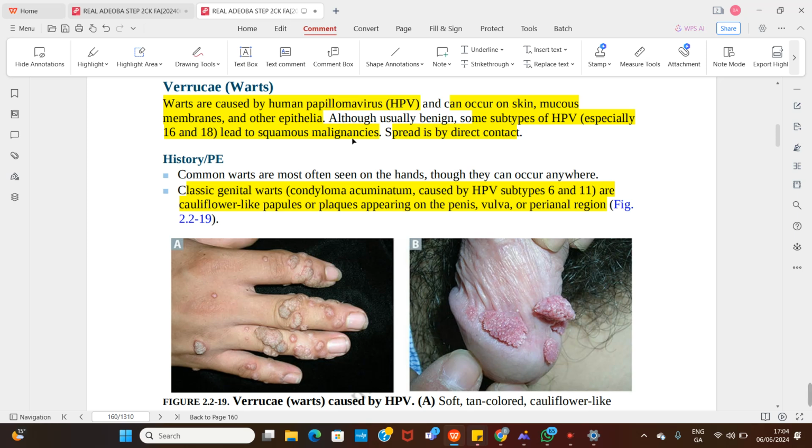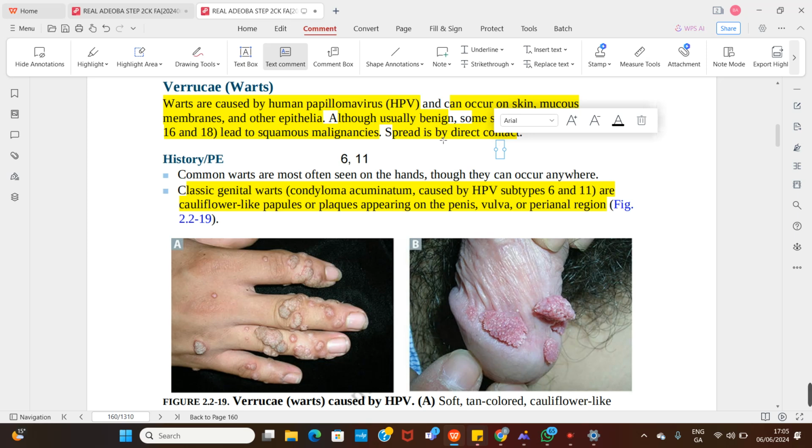Most of the time warts are benign. Some subtypes of the human papillomavirus can cause malignancies, particularly serotypes 16 and 18. They are notorious. While serotypes 6 and 11 are much more implicated in causing warts, which are benign growths, not malignant growths.